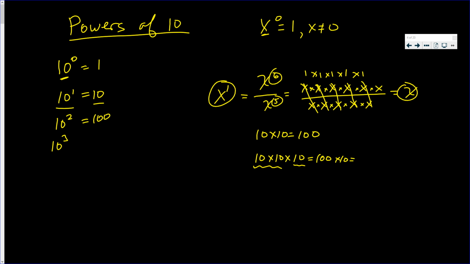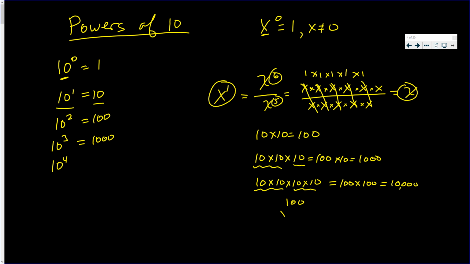Well, 10 hundreds is 1,000. 10 to the 4th, that's 10 times 10 times 10 times 10. Well, that's 100 times another 100. 100 times 100, if you bother to multiply it out, you will get 10,000.